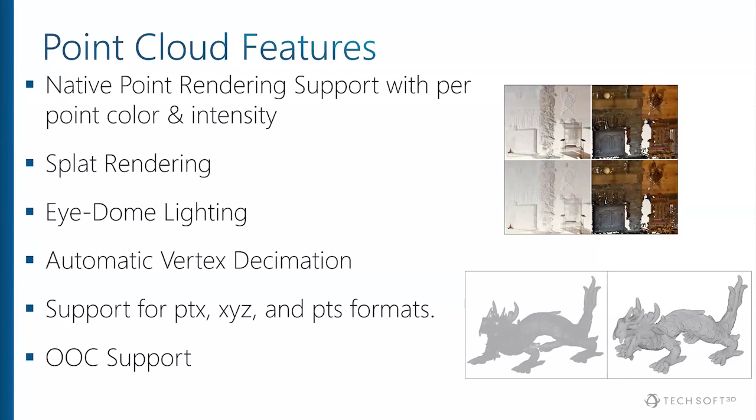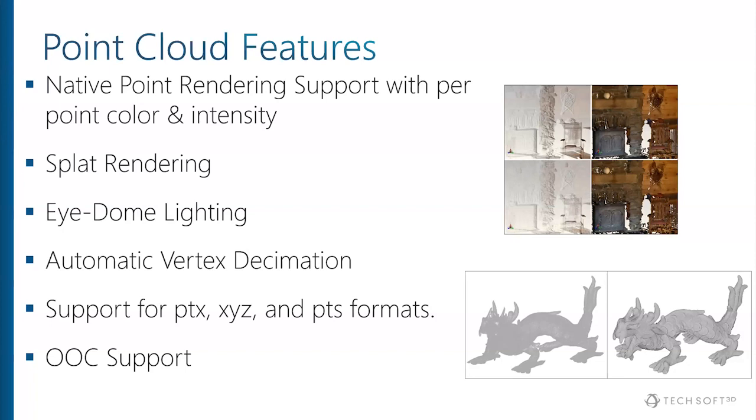It's important to note that you don't have to use this out of core functionality for huge point clouds to use point clouds in Visualize. You can read all these formats that we support, PTX, XYZ, or PDS, or generate your own point cloud data via the API, and then display it just as points. That applies to OOC and non-OOC point cloud data visualized through Visualize.